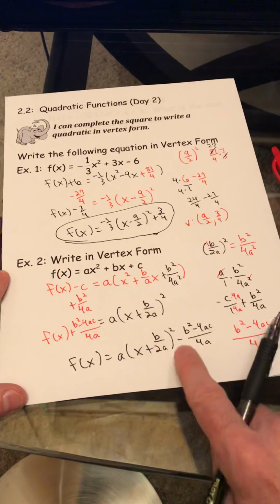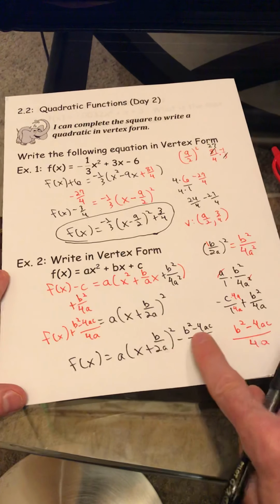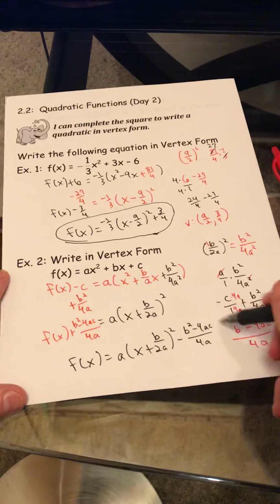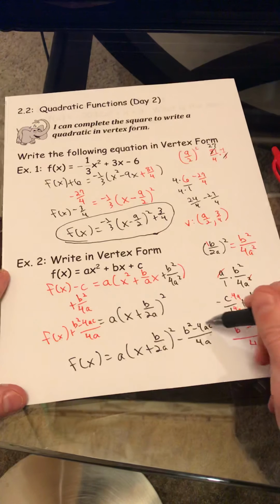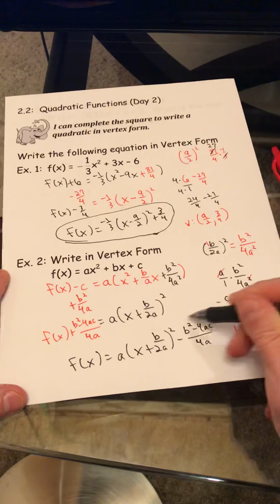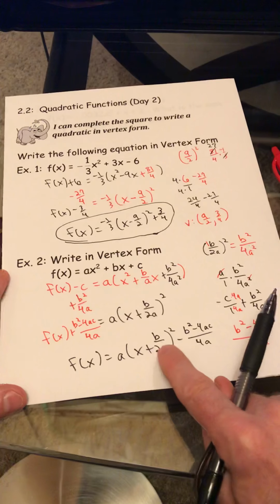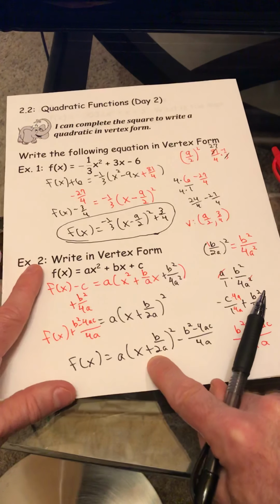Again, if you look at some of what we have here, b squared minus 4ac, that's up here. This is the discriminant of your quadratic formula. Now, think about this: what would be the actual vertex?